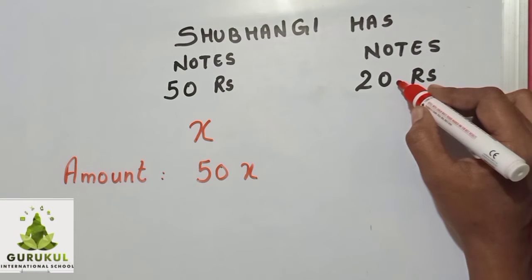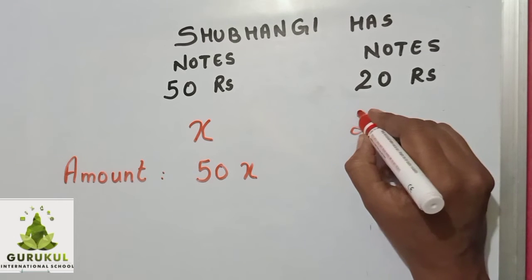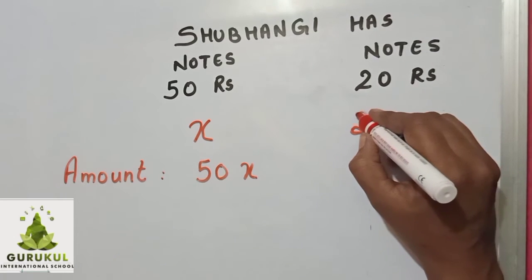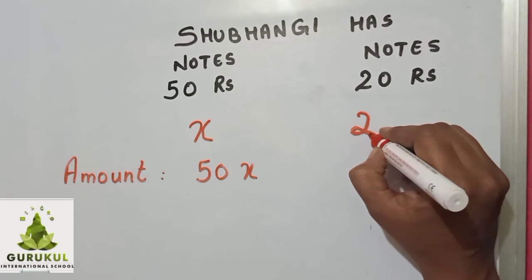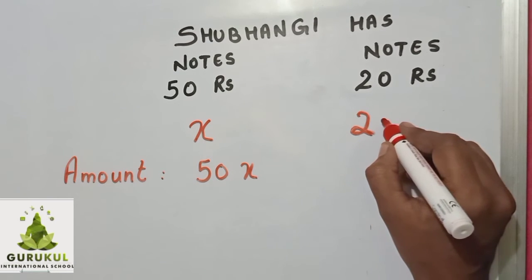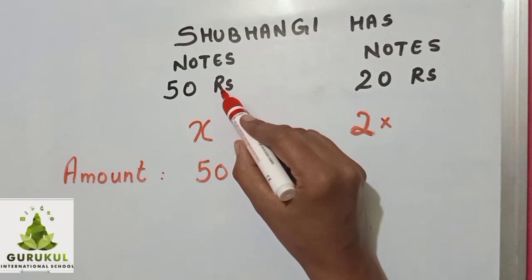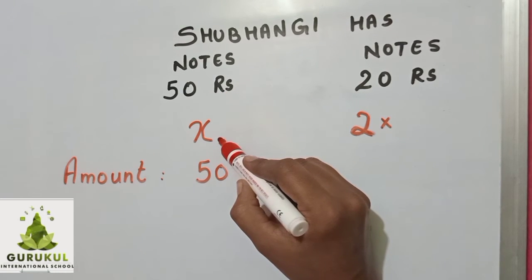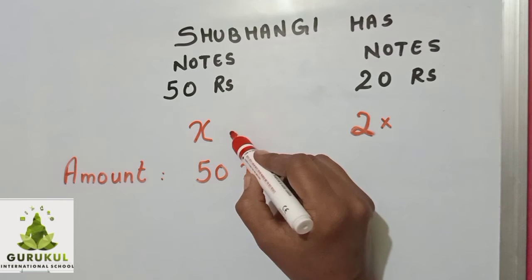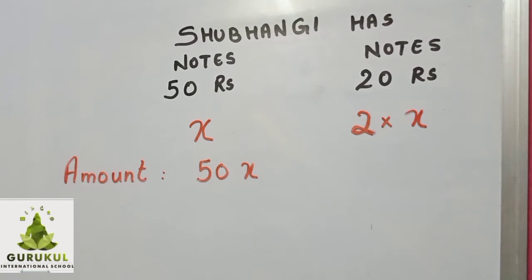She is having double, 2 times. Twice means 2 times, and times means into. How many notes she is having of 50 rupees? X notes. So it is 2 into X. Is that clear to you?